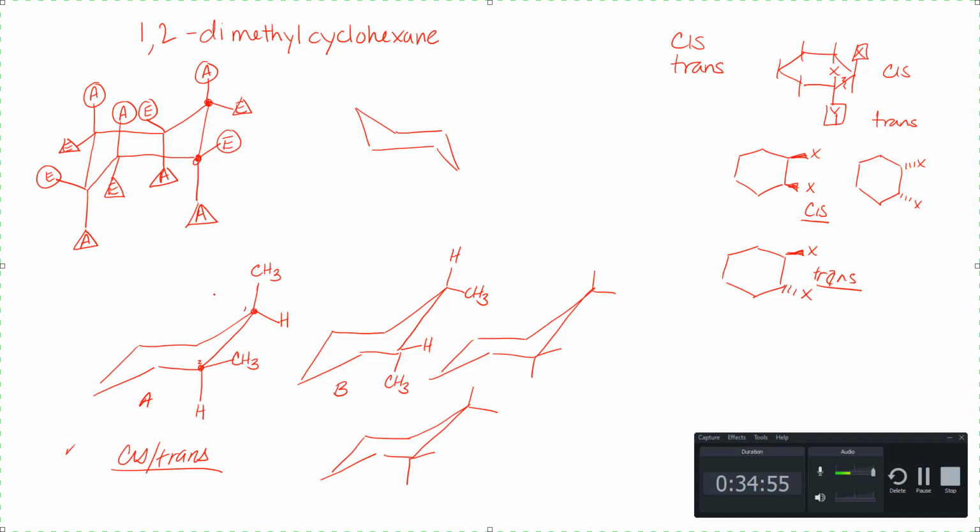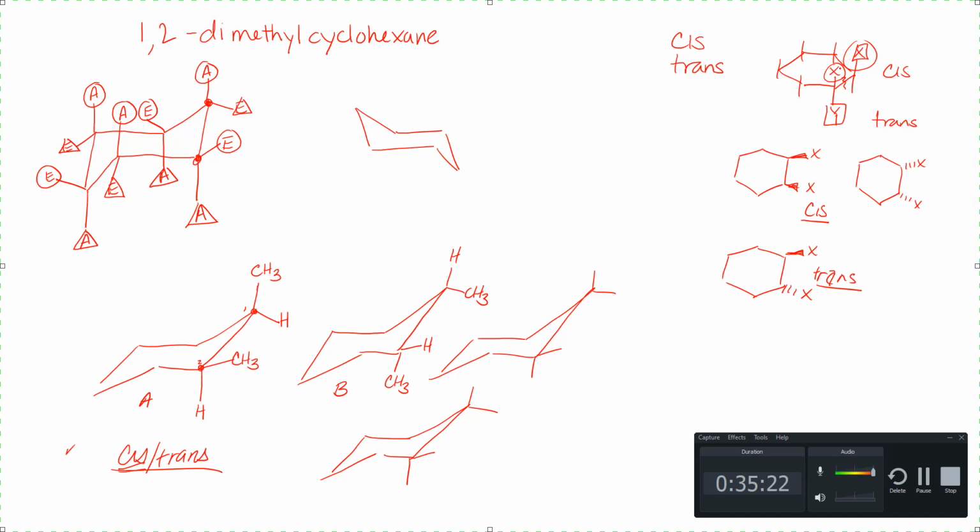Okay, to answer that question, let's dispel some mistakes that people make when they first start doing this. What does it mean to be cis and trans? Something that's cis is what? When the 2 groups are both on the same side of the ring.